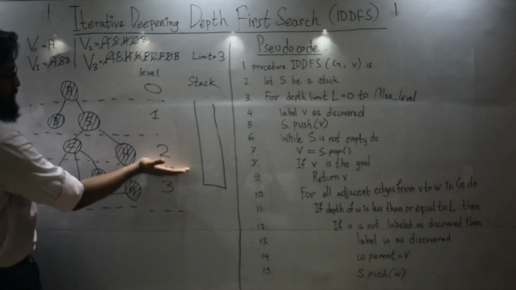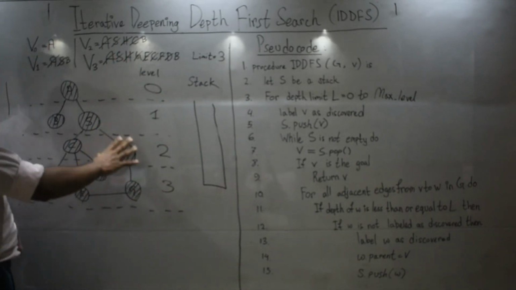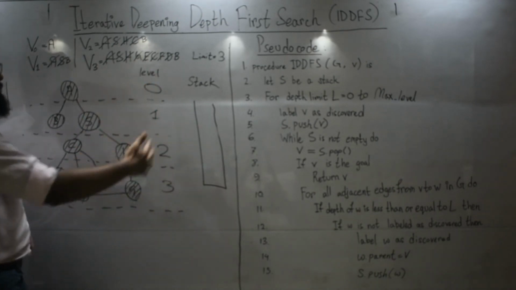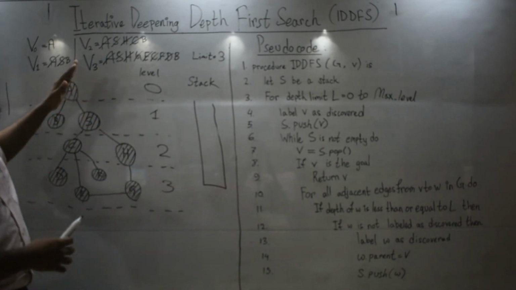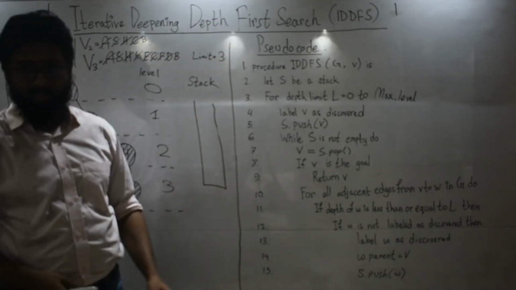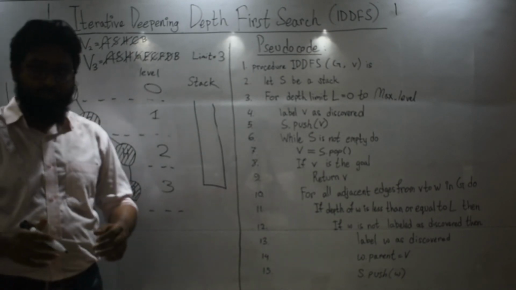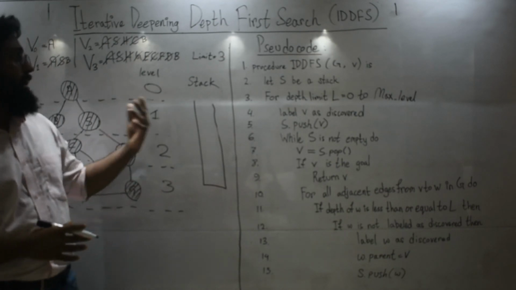After that with level 2. After that with level 3. Whatever you have the level, you will just iteratively search up to the maximum one, and the searching technique you will use is depth first search. Okay. So that's about it for IDDFS.